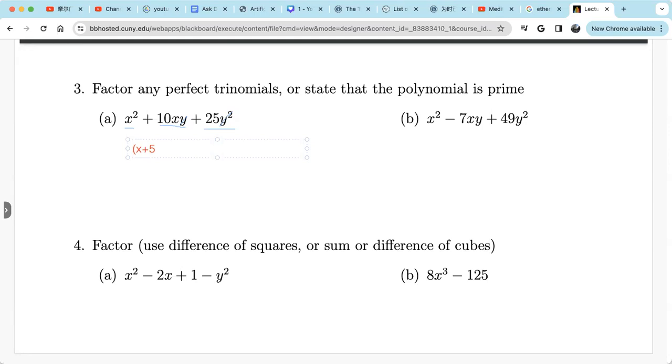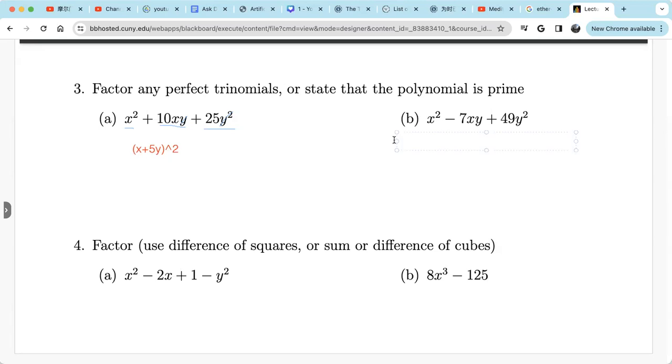But because we have y in it, that becomes x plus 5y squared. So it's a perfect square. The perfect square formula is: square the first one, which is x squared, square the second one, which is 5y, parentheses squared, which is 25y squared. Then multiply those two and double it. So 5y times x, that's 5xy, double it, meaning multiply by 2, get 10xy.